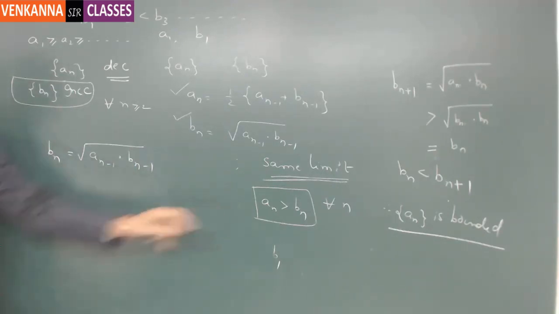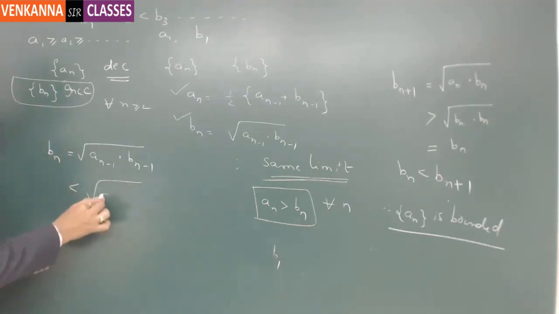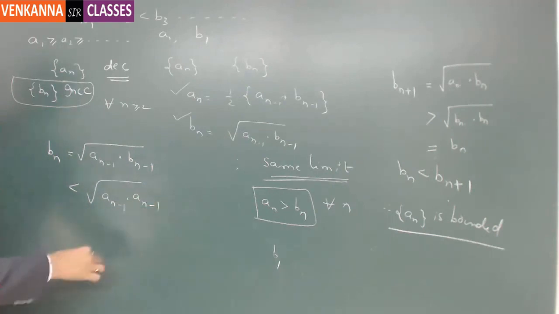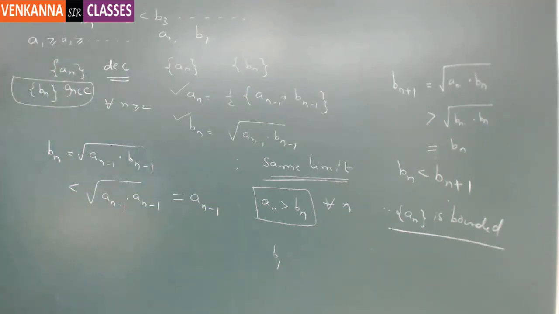Again, using the same technique here, we can write it as the root of an minus 1 into bn minus 1.